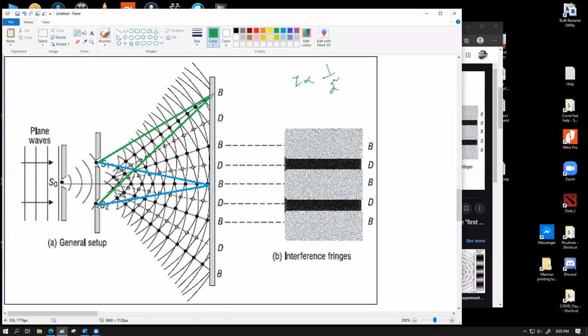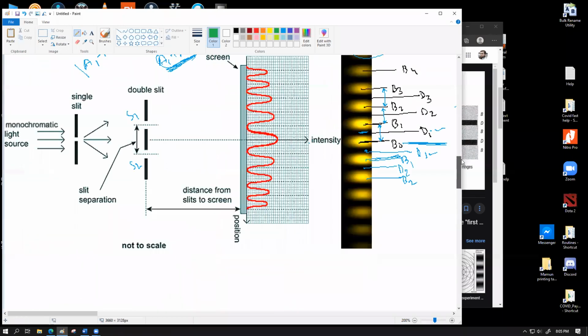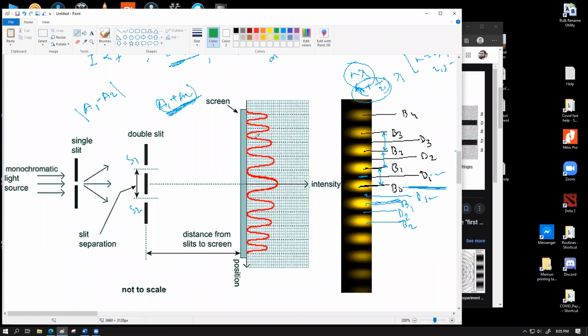That's why farther points will always be less bright compared to the central point. This is exactly why we have a pattern where, as we go further away, the maximas are not as bright as the central maxima. The central maxima will always be your brightest maxima, and as you go further away, your maximas will slowly lose brightness.